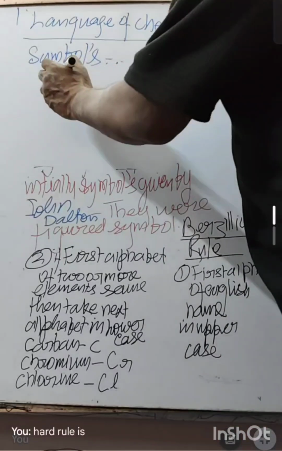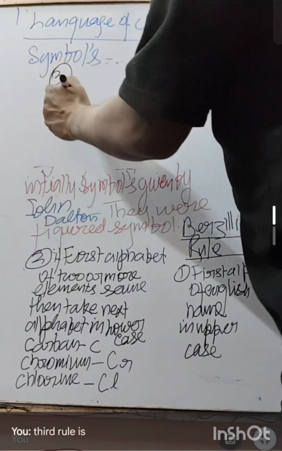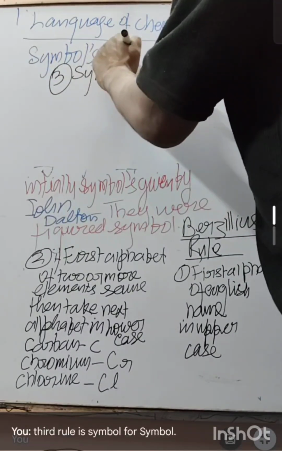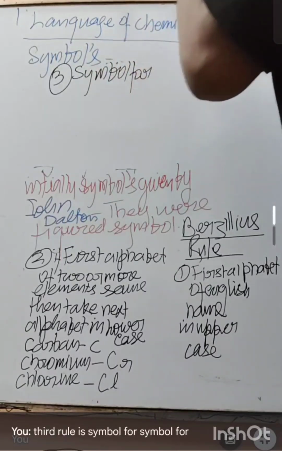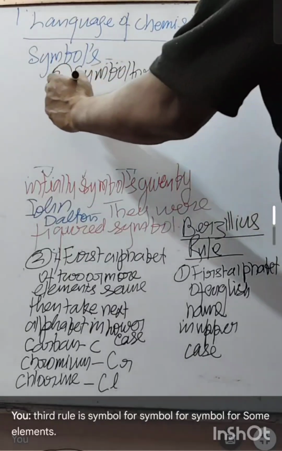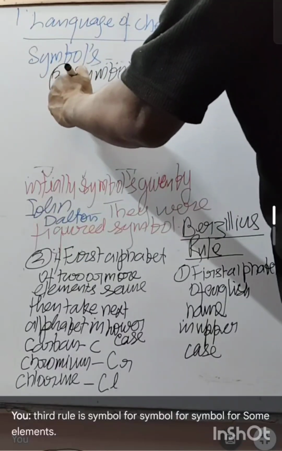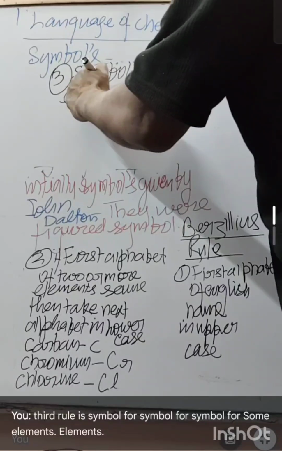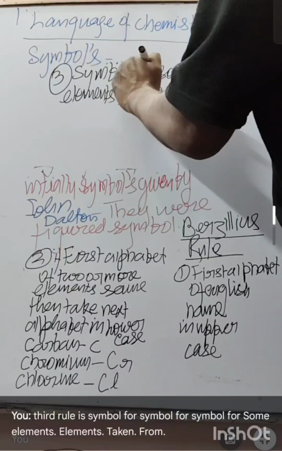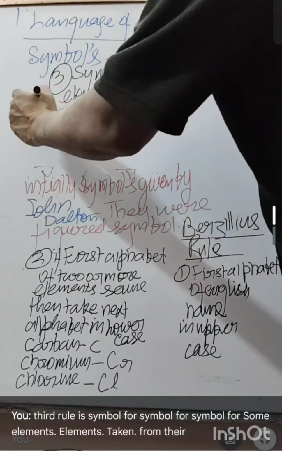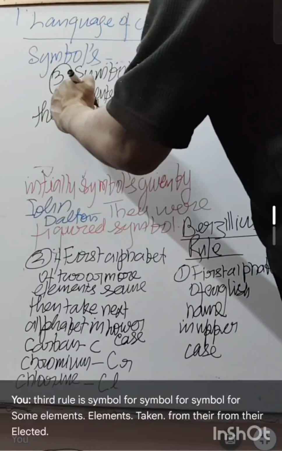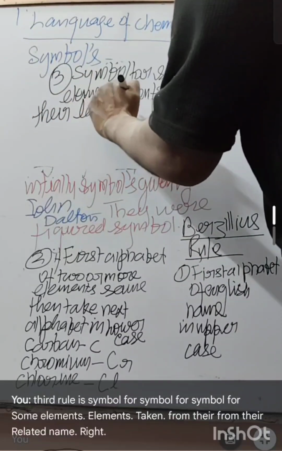The third rule is that the symbol for some elements is taken from their Latin name, right?